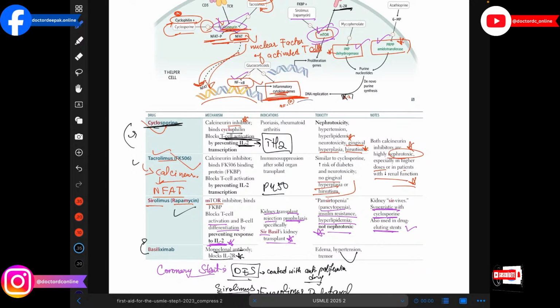So there will be recurrent viral infection in patients who are taking cyclosporine, and the answer is a high risk of lymphoma due to T cell inactivation.